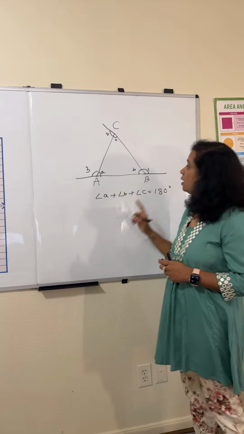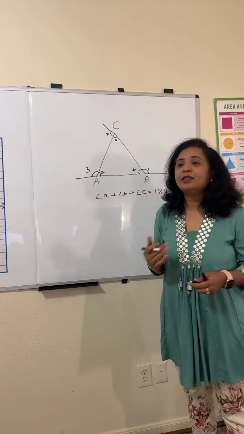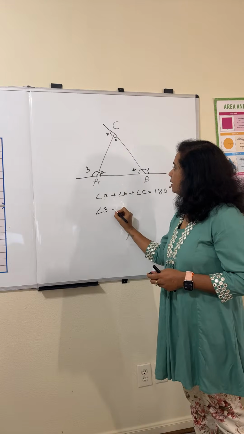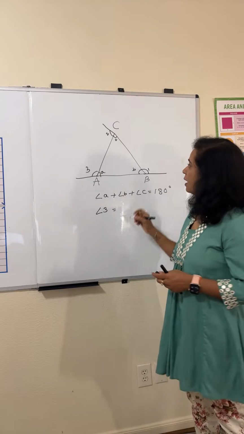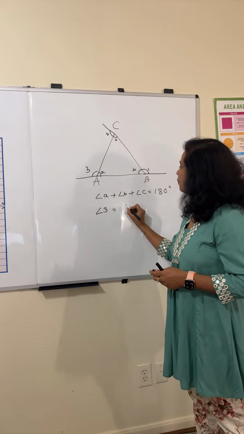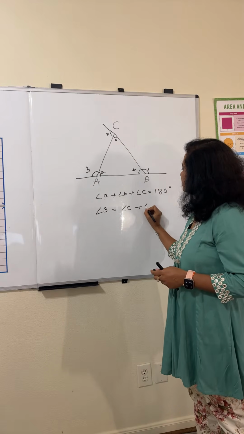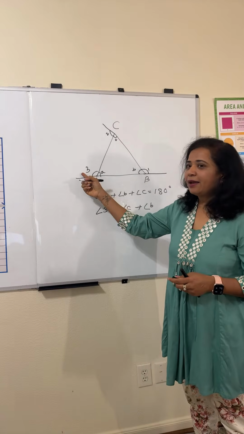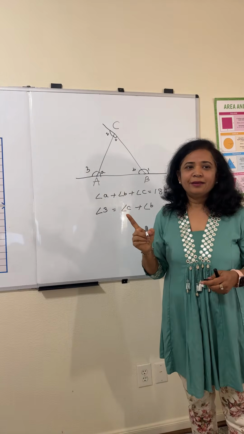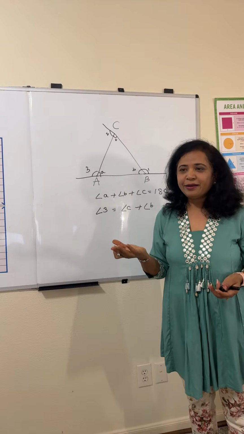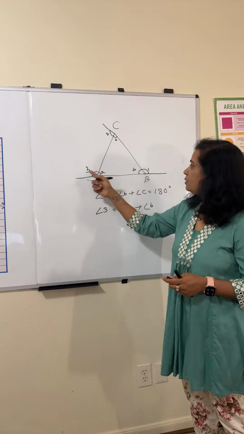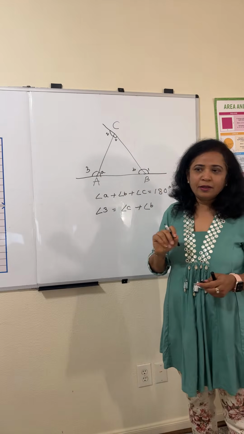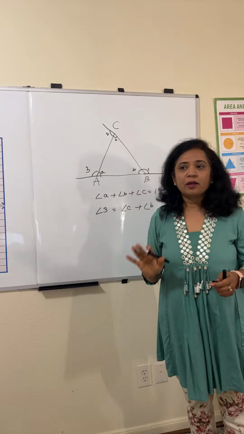So what do you mean by the external angle theorem? It says that the degree of angle 3 has to be equal to the opposite interior angles, C plus B. Angle 3 and angle A make a linear pair, 180 degrees. Similarly B and 1 make 180 degrees, and C and 2 make 180 degrees.